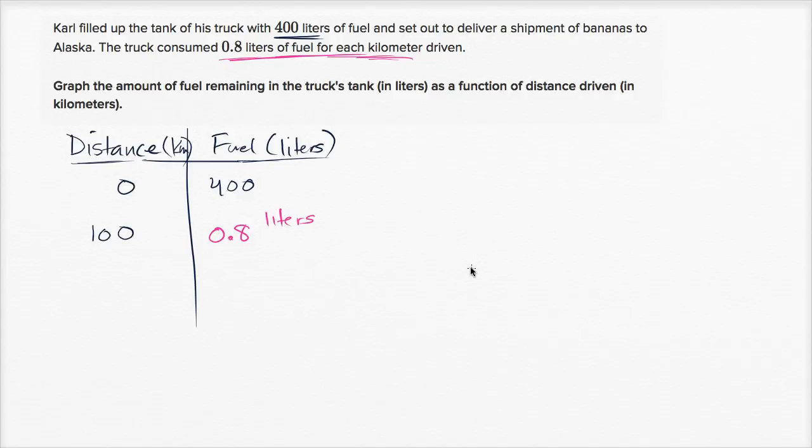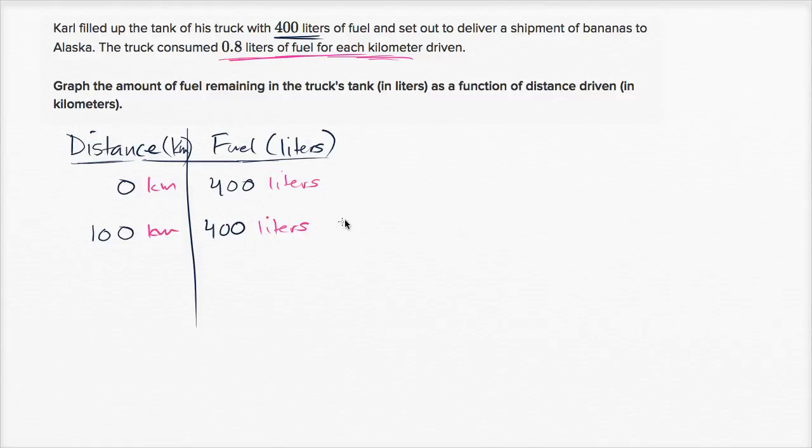So the fuel is actually going to be what he started with minus how much he consumed. So it's going to be minus 0.8, and if we want to write the units there, I might as well. This is liters right over here. This is 400 liters, and I can write this kilometers.